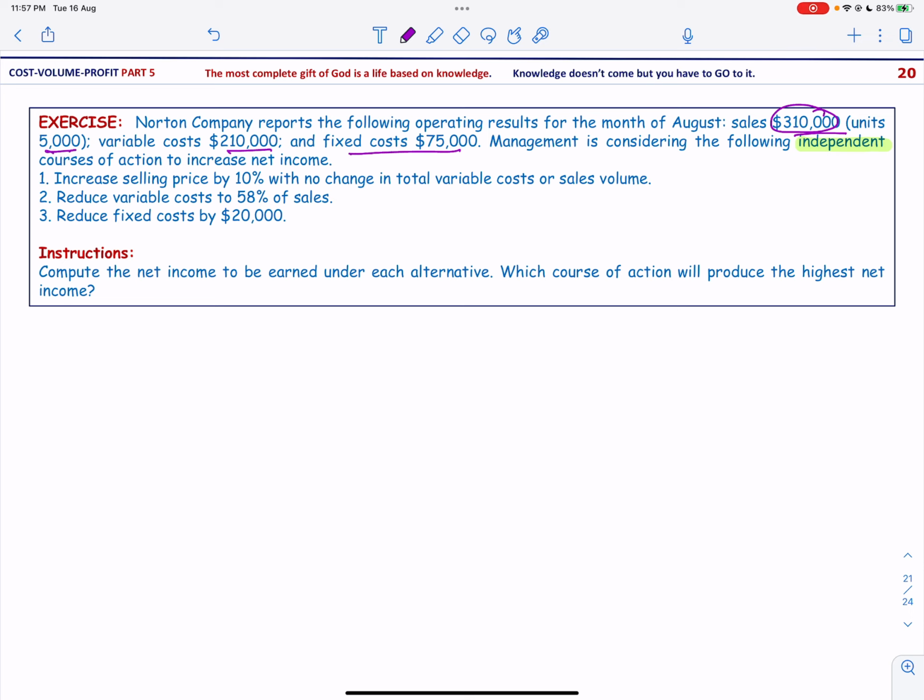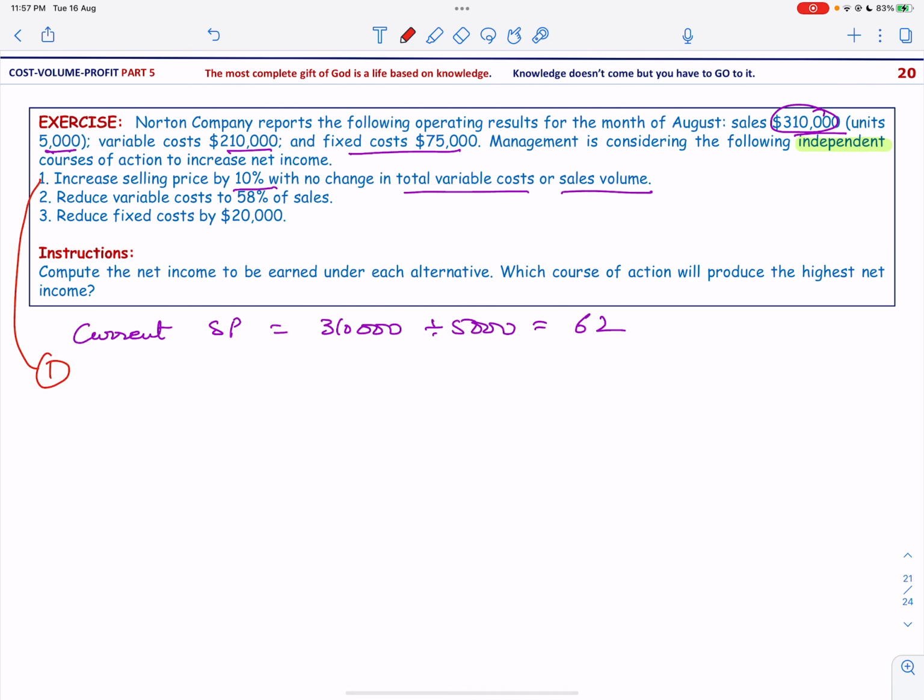Now, increase selling price by 10% with no change in total variable cost or sales. So first of all, let us calculate the current selling price, and the current selling price is 310,000 and the number of units sold is 5,000. So the current selling price is 62. Now we go to case number 1, and in case number 1 they say increase selling price by 10%.